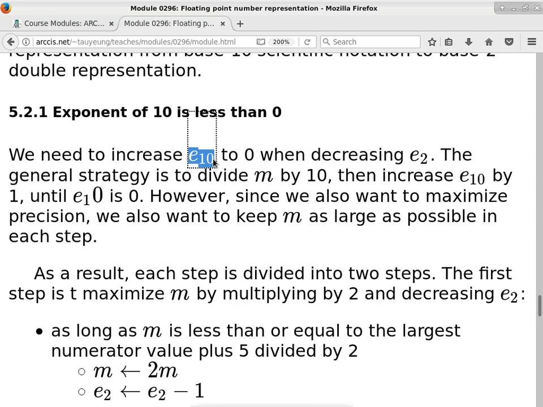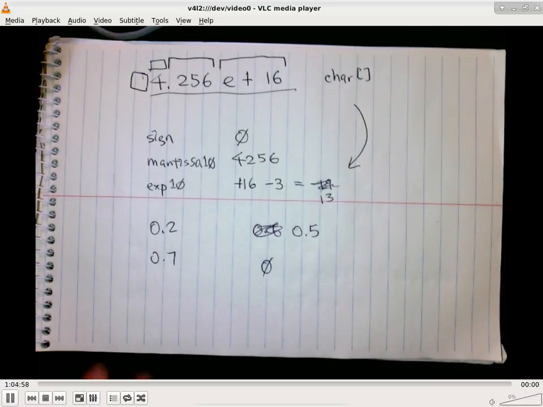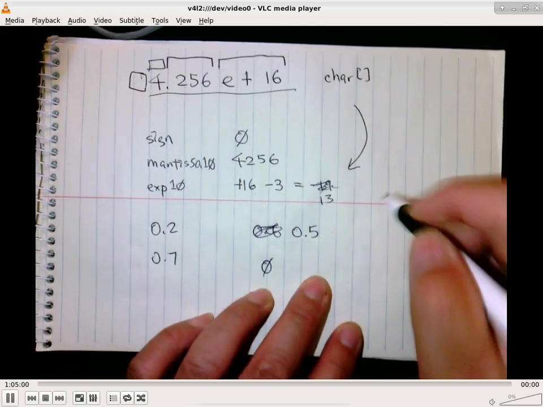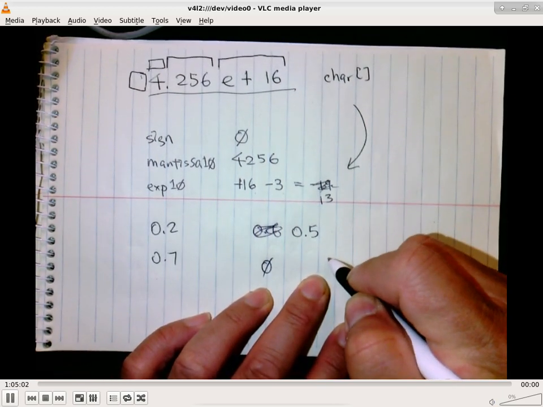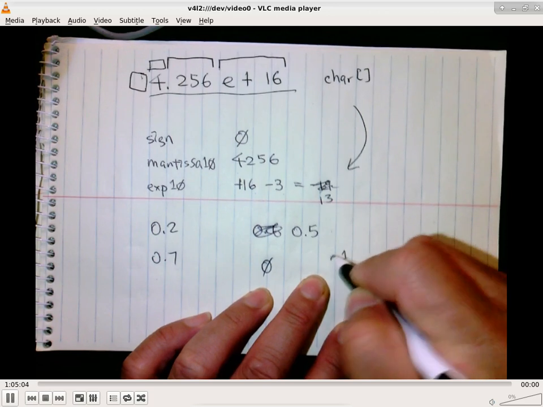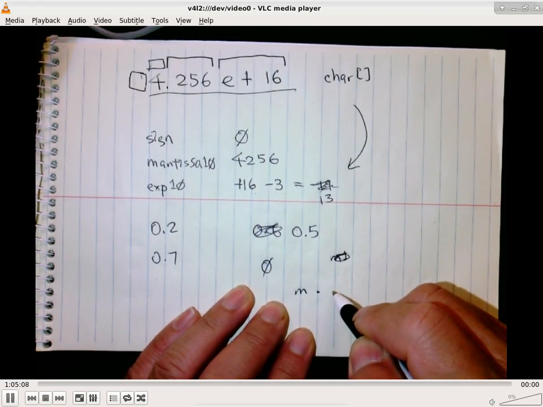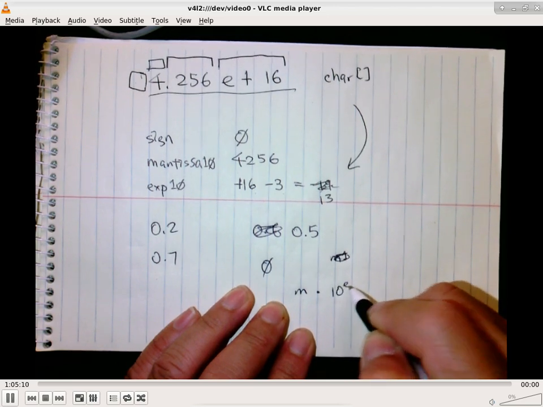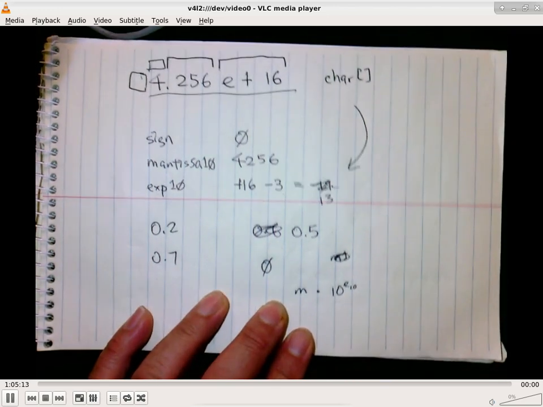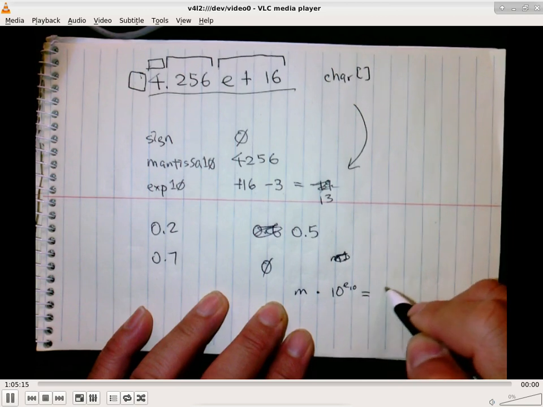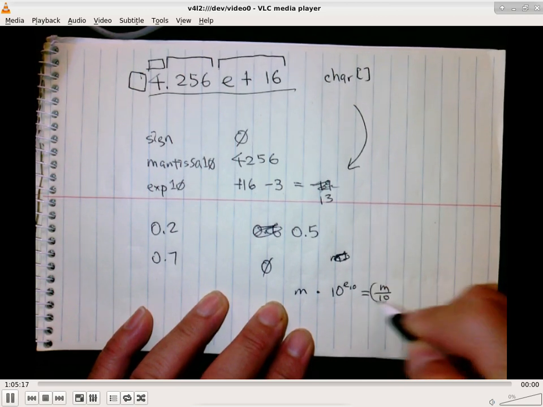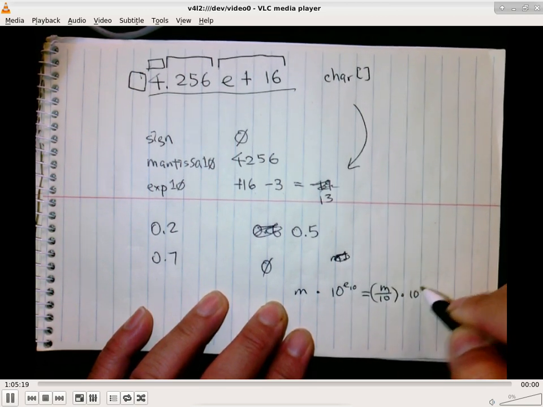So I didn't spell all the math here, but it doesn't hurt to spell all the math. So what I'm really saying is this part here. So we got some m multiplied by 10 to the power of e10. That's what we begin with. But isn't that the same thing as m divided by 10 times 10 to the power of e10 plus 1?